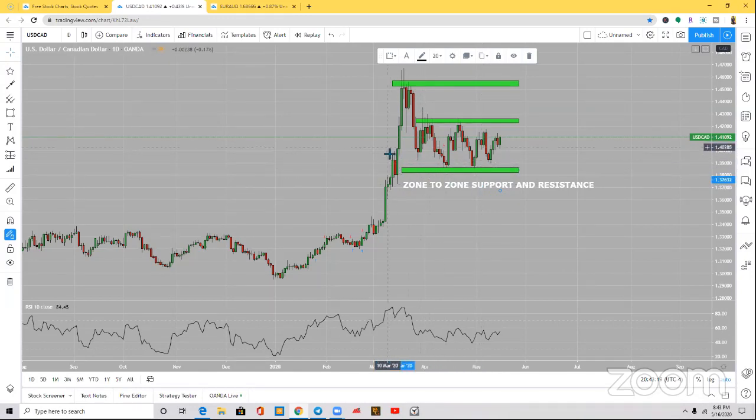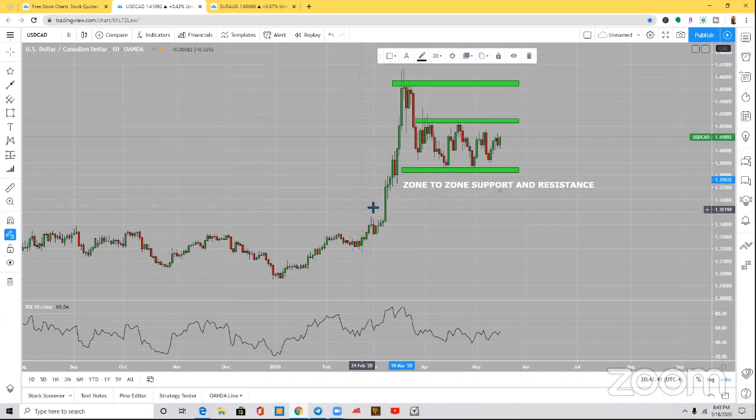So even on the daily, when you mark up your zones, support and resistance, you see that price has been bouncing off these zones, this price area, back and forth, ranging. Got a nice W structure. It's important to draw up these zones so that you can get a visual that price may continue to push up since the trend is still bullish.